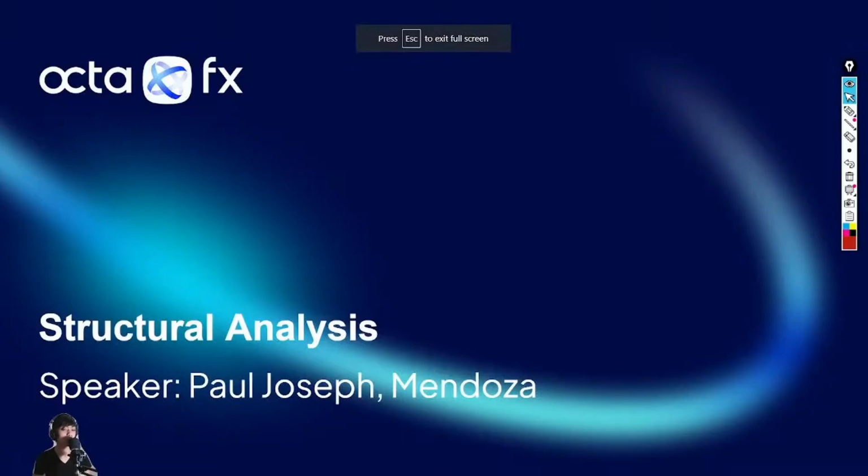All right, so let's now start with today's topic. Our topic for today will be structural analysis. Just like I said last Wednesday, what we are going to learn in today's session is the important levels on the chart. I will teach you how to look for those important levels, and how to put trades on those important zones, especially the support and resistance zones.